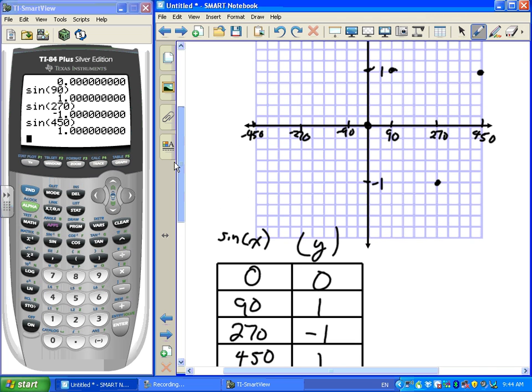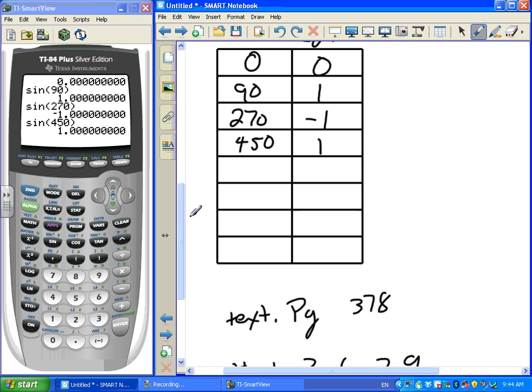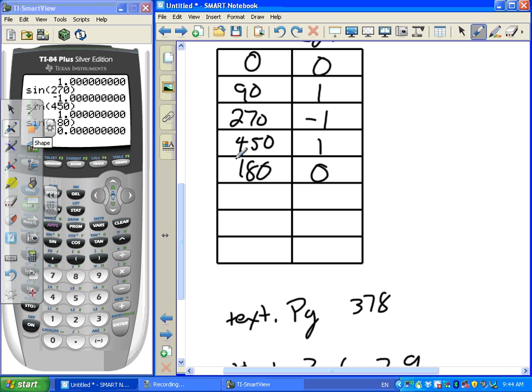So I'm going to try for, what would this point be? 180. Let's try 180. When sine x is 180, hey, we're at 0. And what's another coordinate we missed? Yeah.